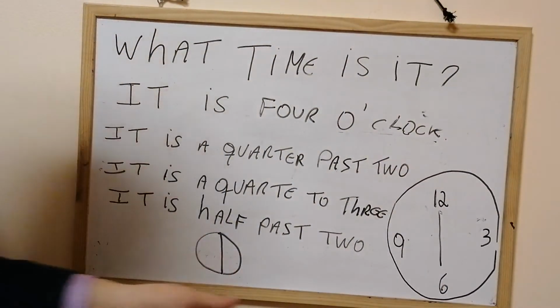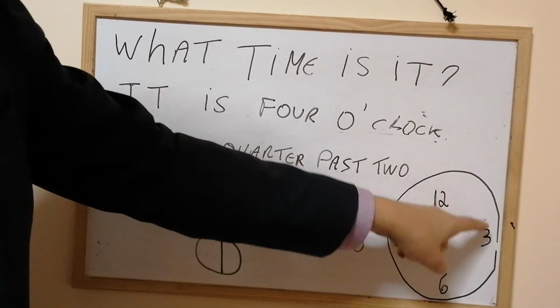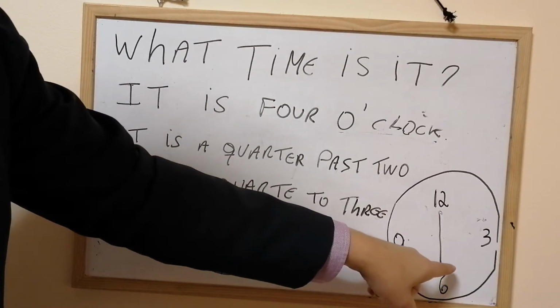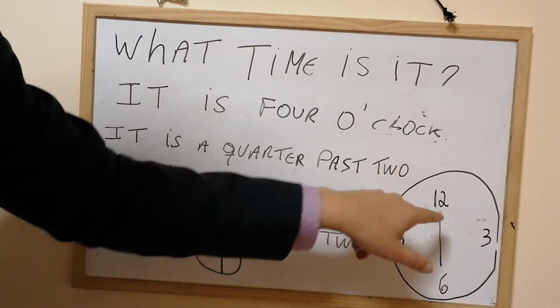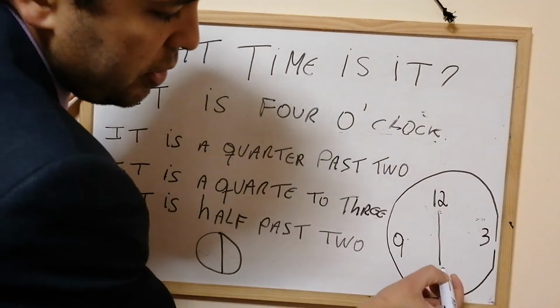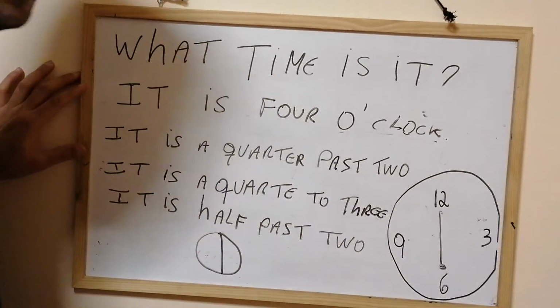So if we divide the clock in 2 hours, so we have 30 minutes until half an hour, okay? And we have 30 minutes until the next hour. Our break point, it is the half hour, okay?